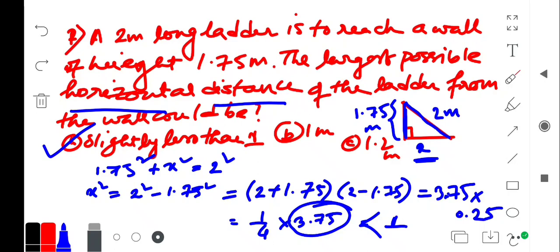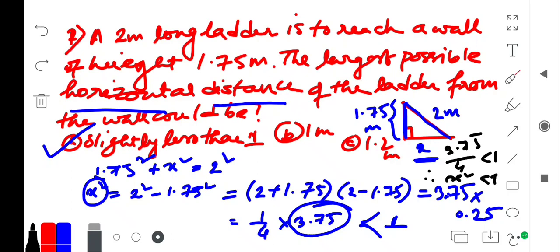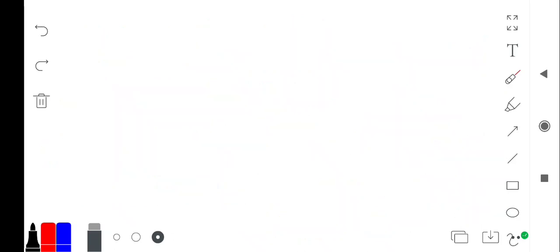So this is equal to x square. As 3.75 by 4 is less than 1, x square should be slightly less than 1, because it does not differ so much.